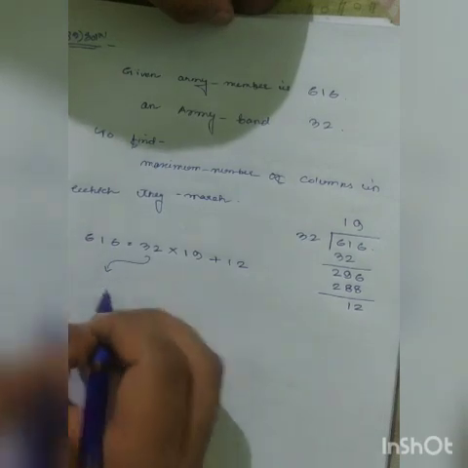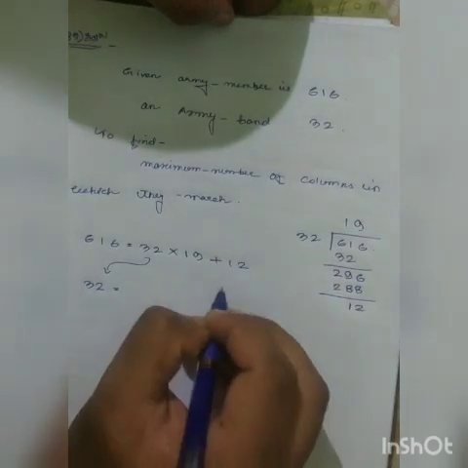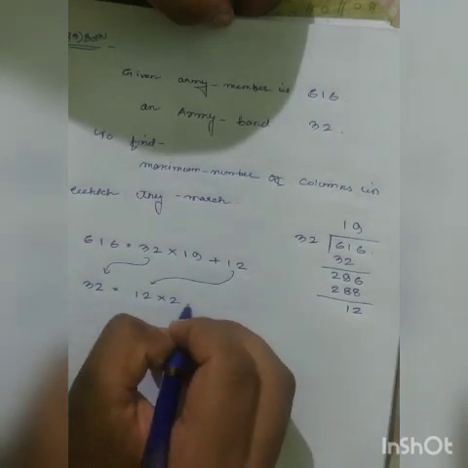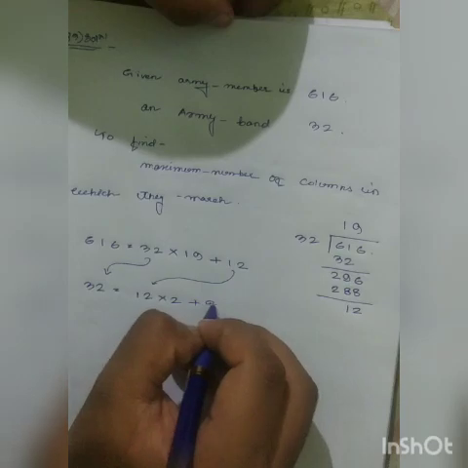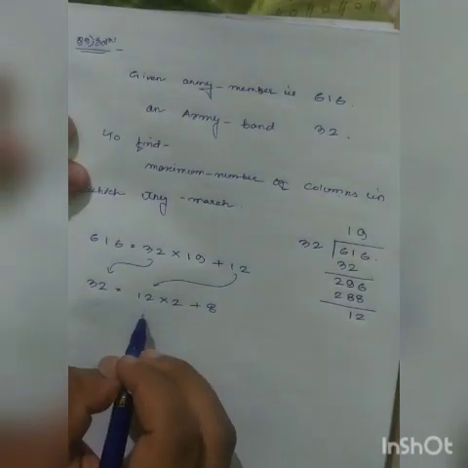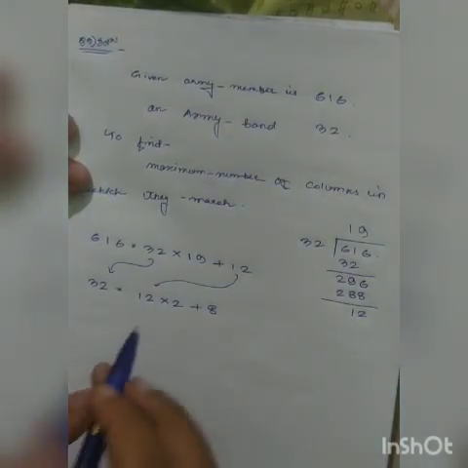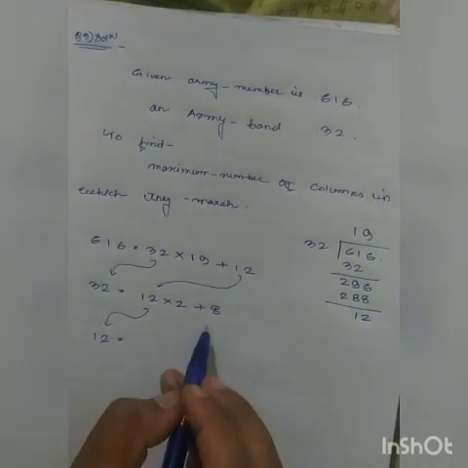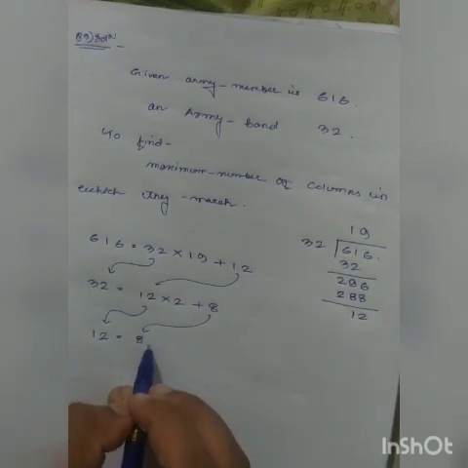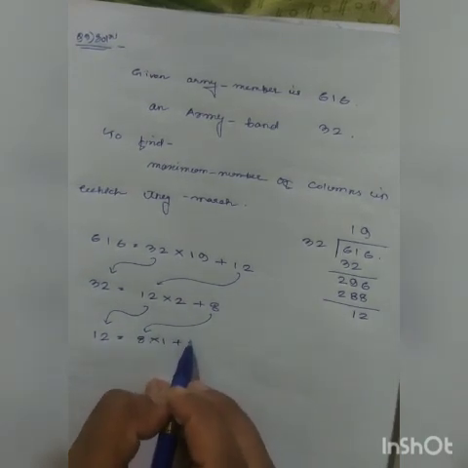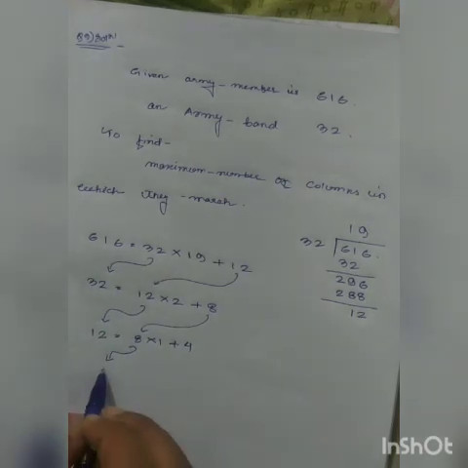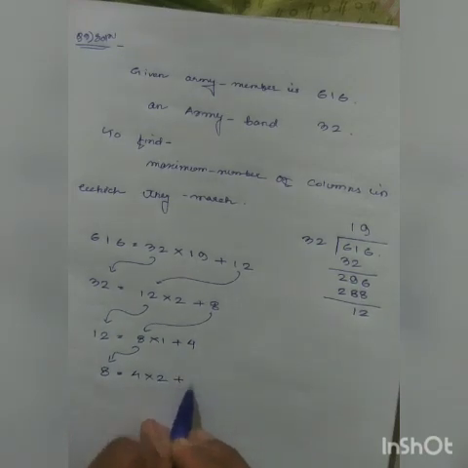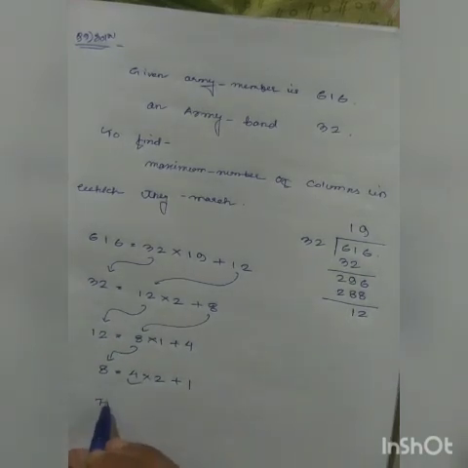So 32 will come here as per the algorithm, and 12 will be the divisor. So 12 into 2 plus 8. The same procedure will be followed. 12 will come here and 8 will be the divisor. 8 into 1 plus 4, and 8 will be the dividend, and 4 multiplied by 2 plus 0. So 4 is the HCF.